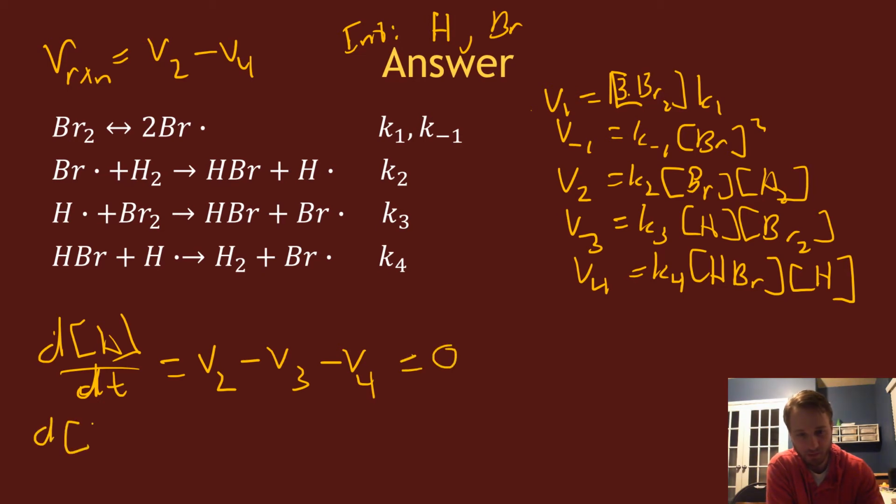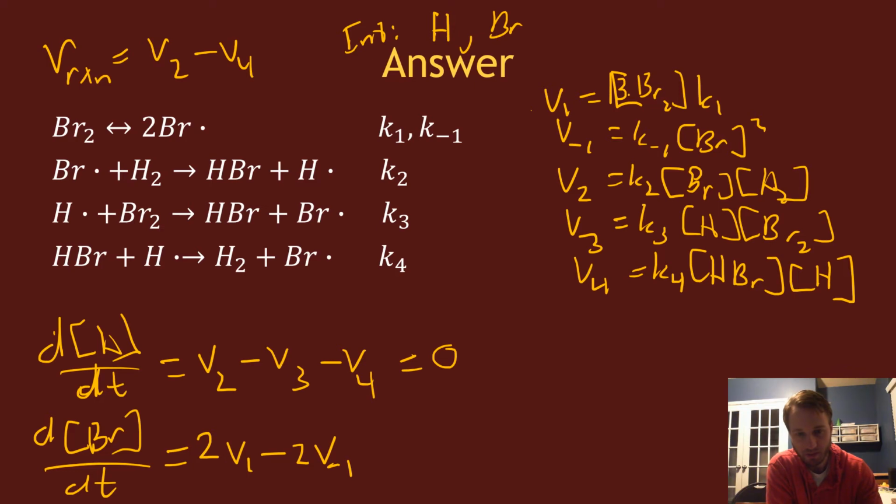And the same thing with Br. Br appears as a product in the first reaction. Now 2 of it is being formed, so I'll get 2V1, and then minus 2V-1.